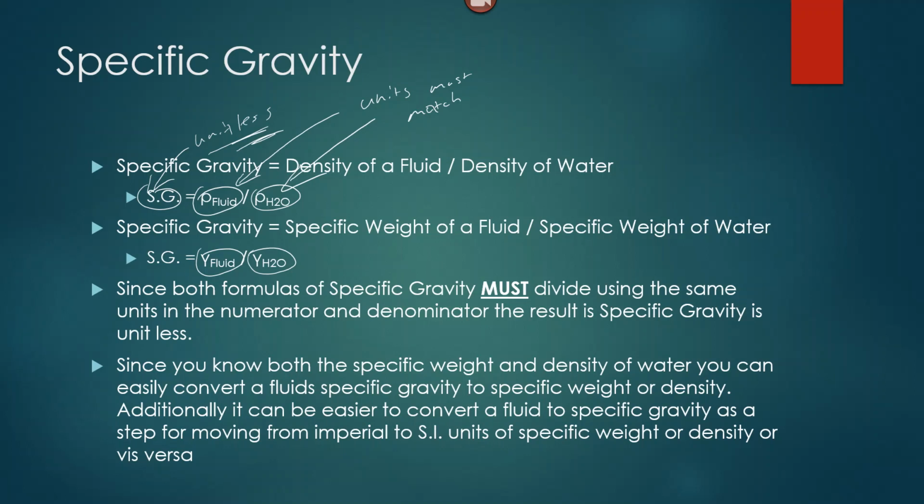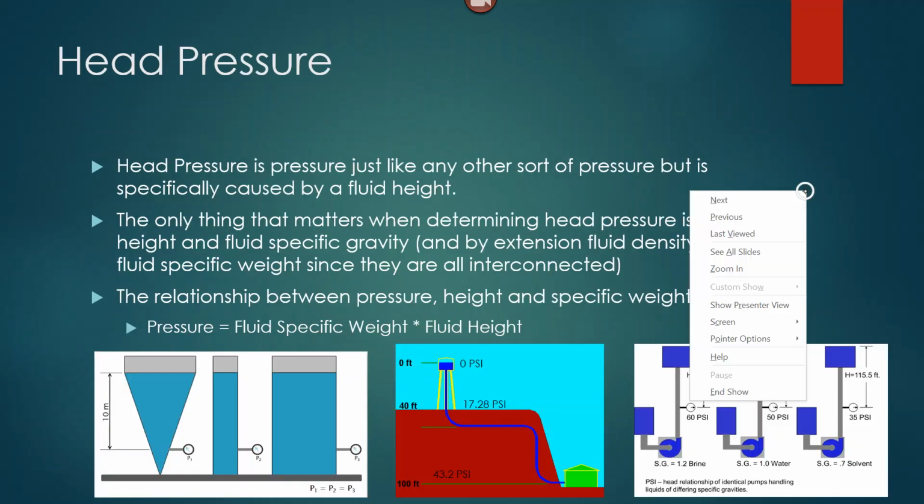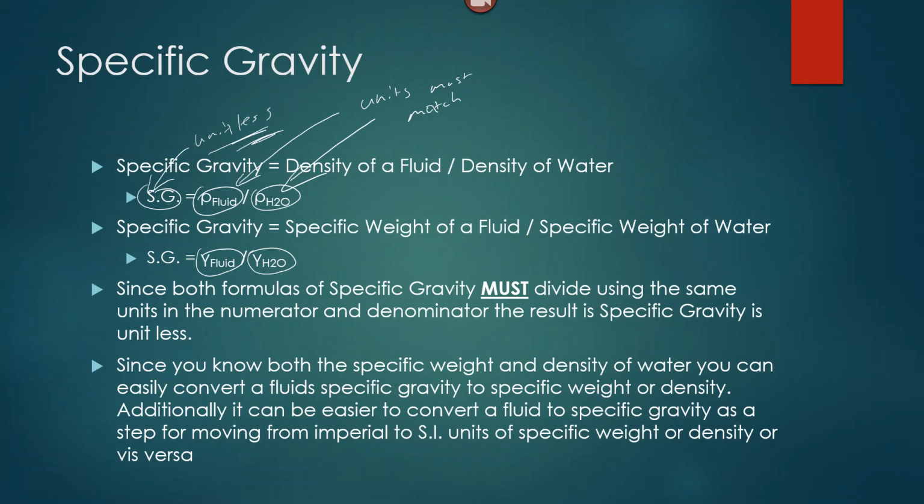So let me make sure. I don't know if I've added this in here. Let me go to the next slide just to check. No, I have not. So let me go ahead and put on here the specific weight of H2O, and this is in your unit packet. You have 62.4 pounds force per feet cubed, and you also have 9,807 newtons per meter cubed.